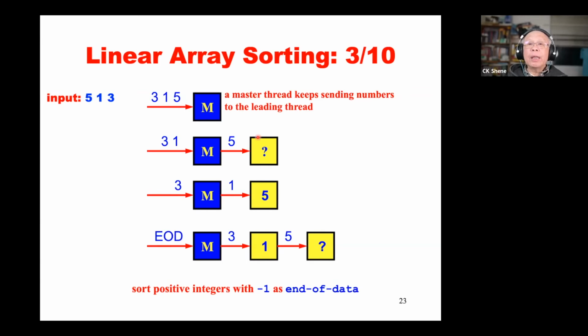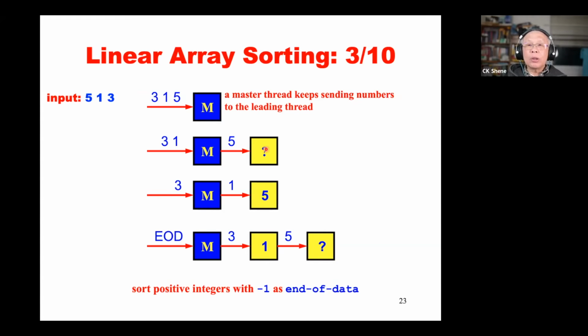We create our first sorting thread. The master thread reads 5 and sends the number 5 to a sorting thread. Currently, when the sorting thread is created, it doesn't have any number.